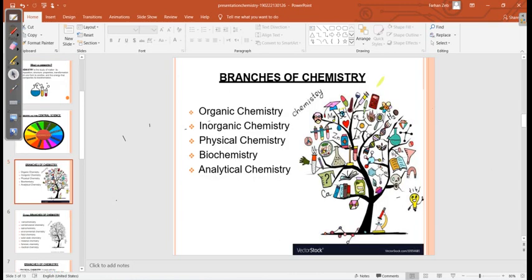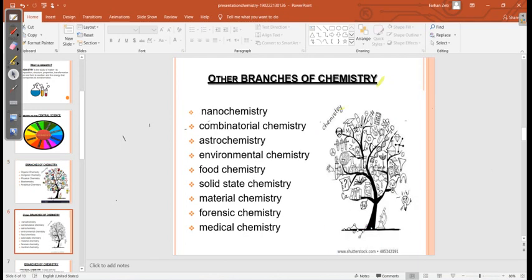Now let's take an overview of the main branches of chemistry. These are the main branches: organic chemistry, inorganic chemistry, physical chemistry, biochemistry, and analytical chemistry.